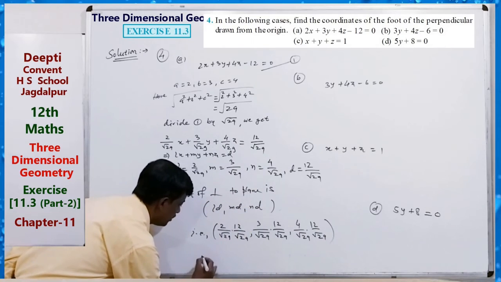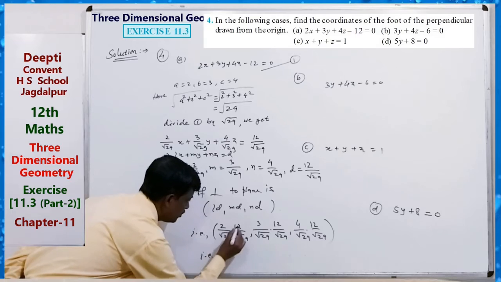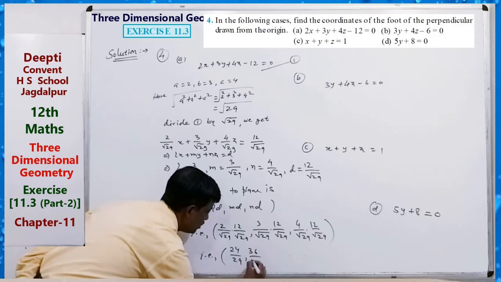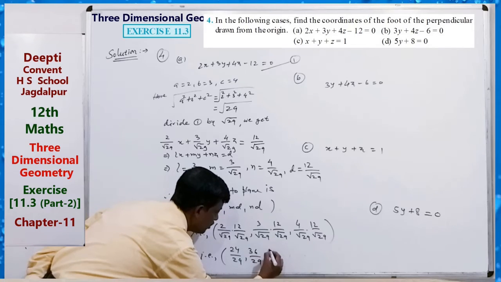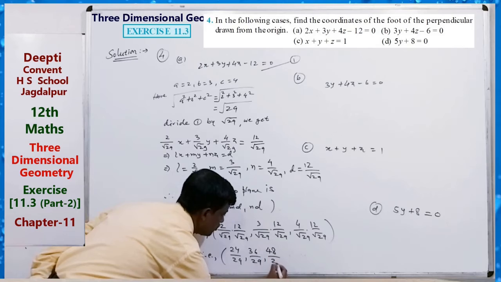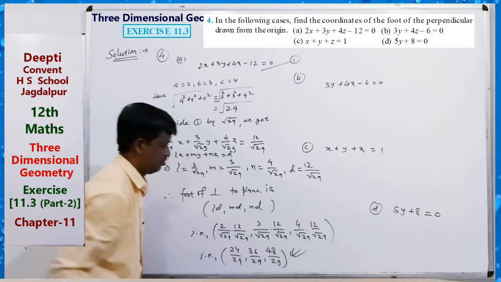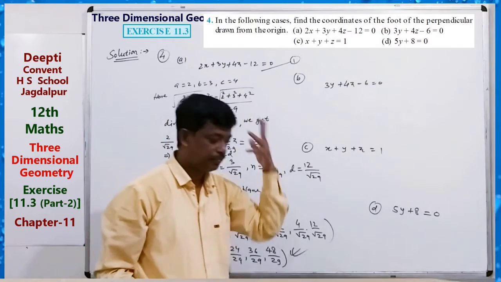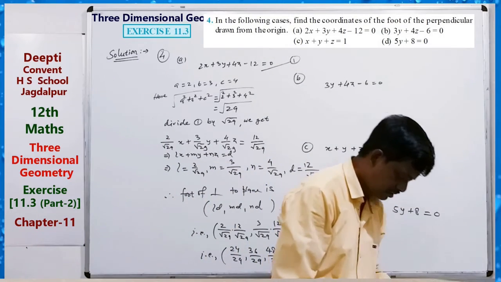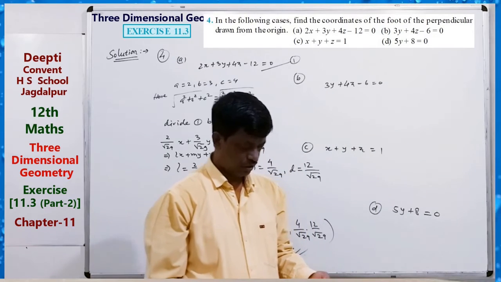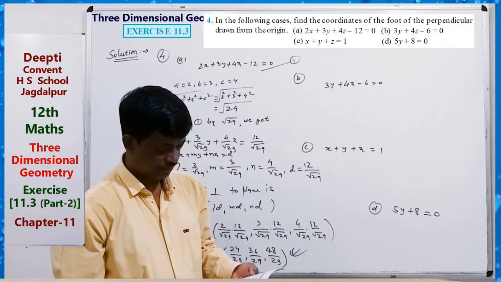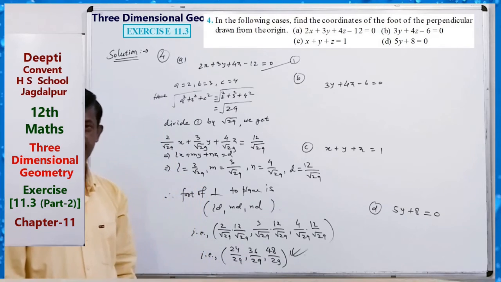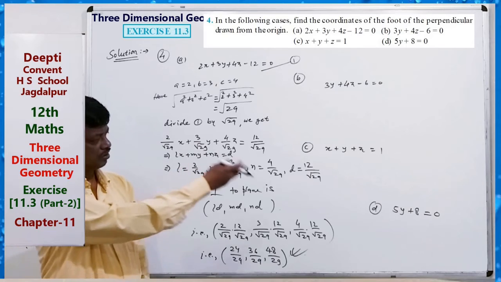That is 24 by 29, 36 by 29, 48 by 29. So this is our foot of the perpendicular to the plane from the origin. Okay, so the solution is 24 by 29, 36 by 29, 48 by 29. Clear? So by this method you can find it for all of these.